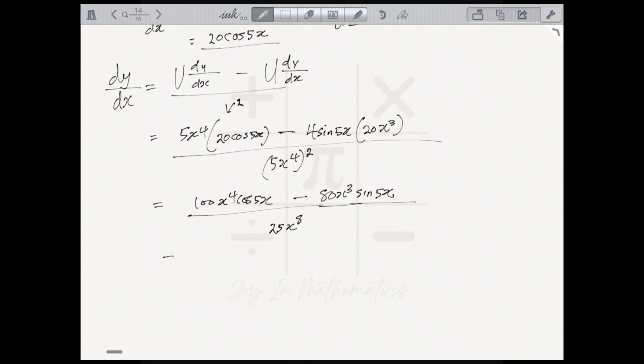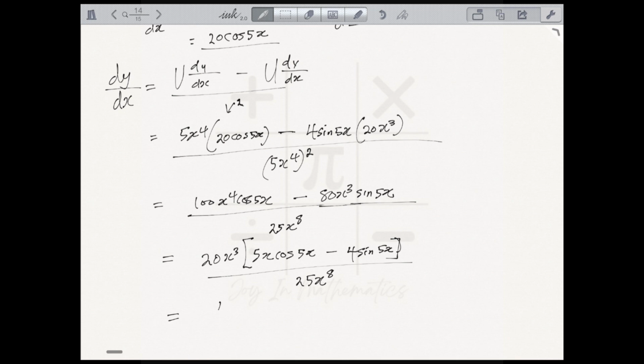So let's factorize the numerator with 20x raised to power 3, and that will give us 5x cos 5x minus 4 sine 5x, divided by 25x raised to power 8.